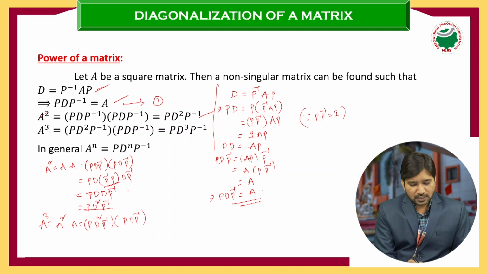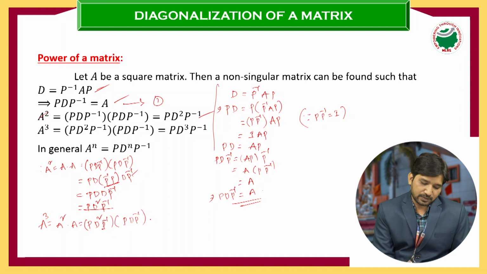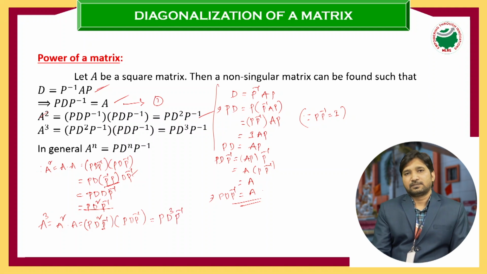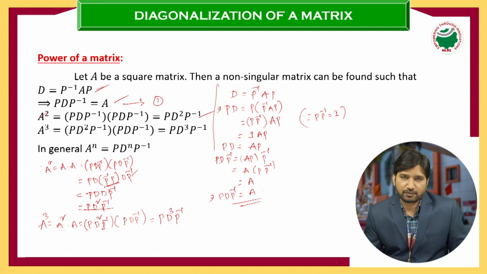By the same process, P into P inverse is I, so we can write P into D square into D, which is D cube, into P inverse. In this way we can write A cube, A power 4, A power 5 also.